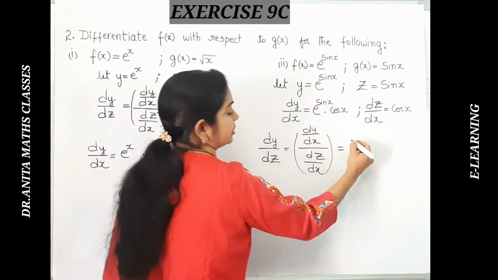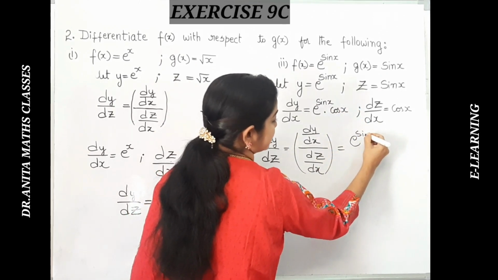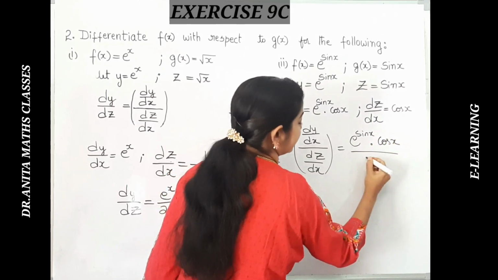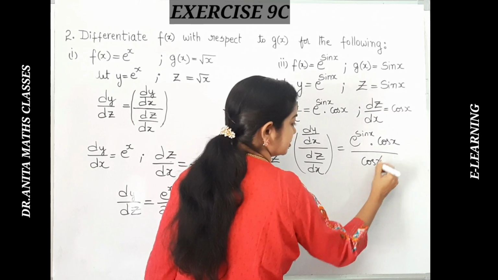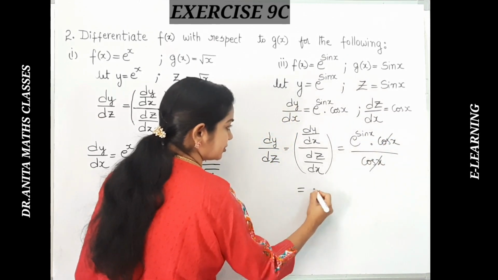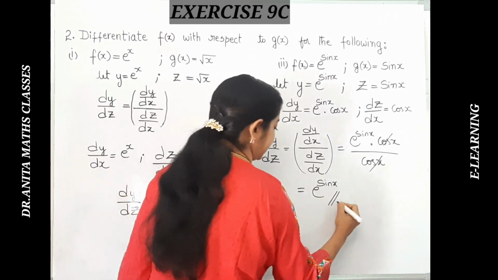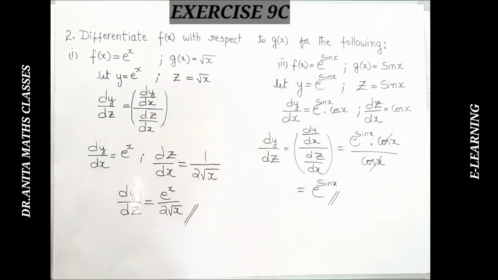So this is equal to e raised to the power of sin x multiplied by cos x divided by cos x. So this cos x goes off. So the actual answer is e raised to the power of sin x. Please pause the video and note it down.